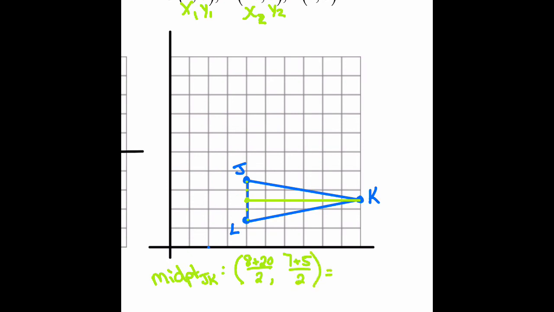When I evaluate this, I end up with 28 over 2, which is 14, and 7 plus 5 is 12 divided by 2, which is 6. So I get a midpoint of JK at 14, 6, which is right about here. I connect it to my opposite vertex to create a median.